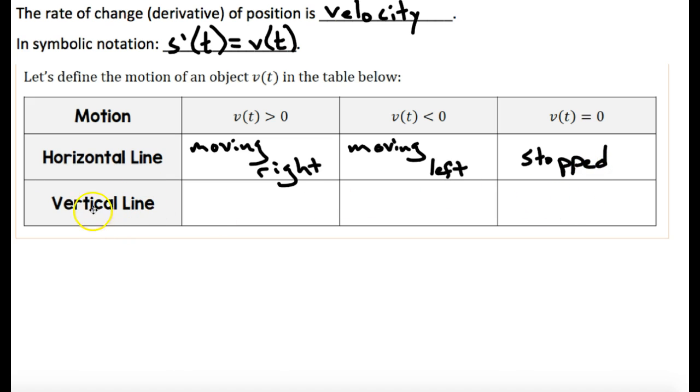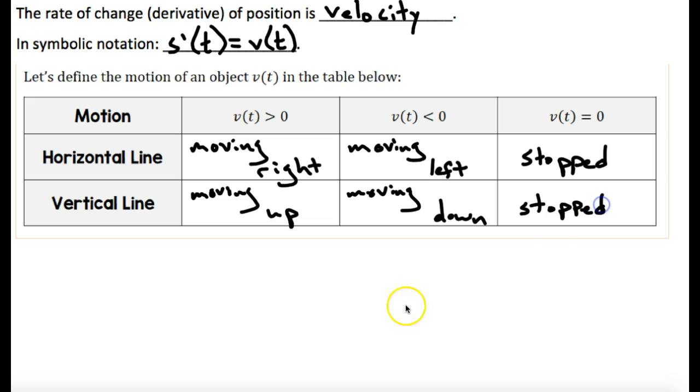Similarly, if we're talking about vertical motion, like maybe tossing a ball up in the air, if velocity is positive, we are moving up. If velocity is negative, we are moving down. And if velocity is 0, we are stopped.